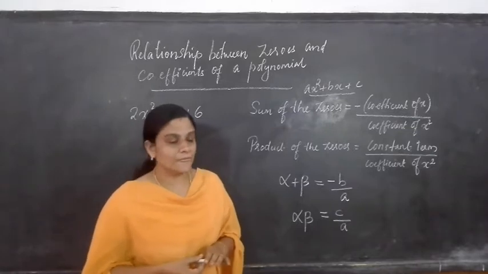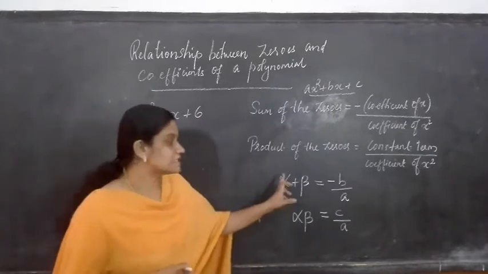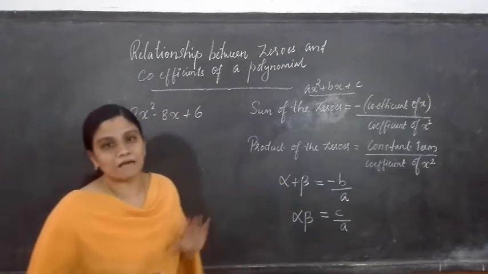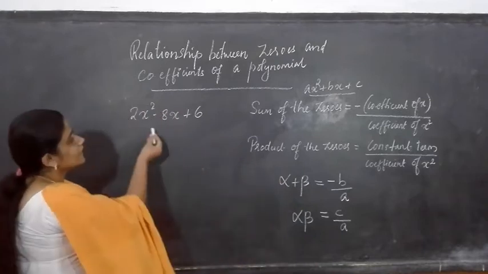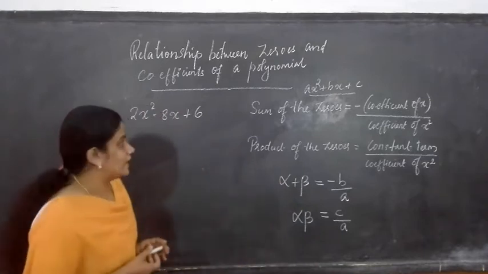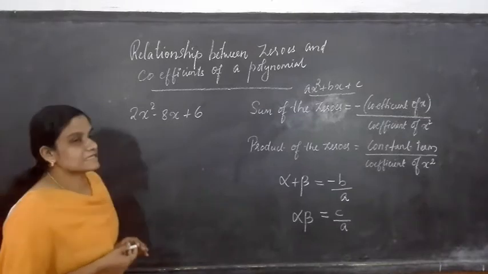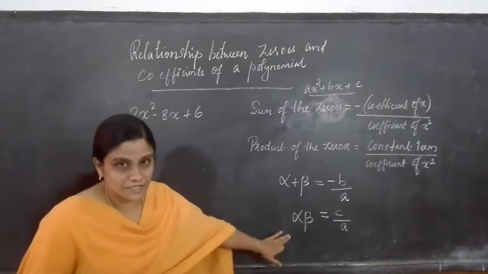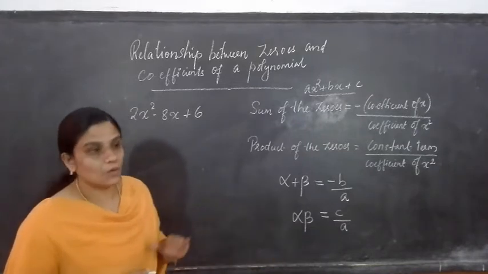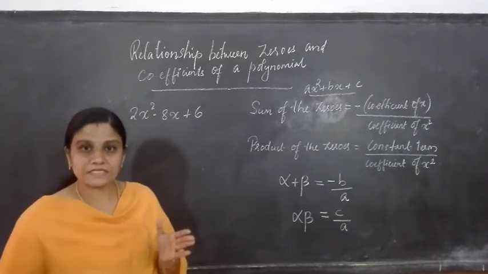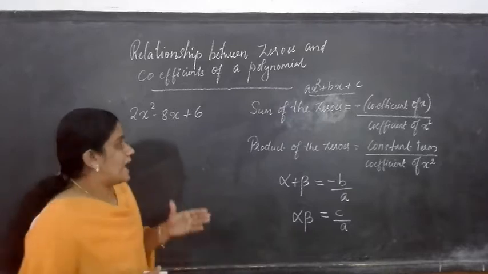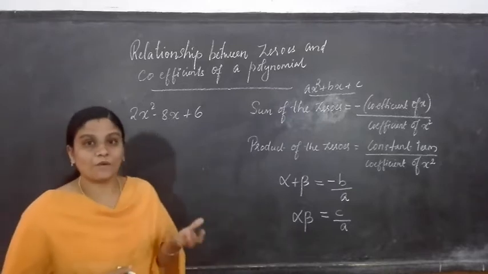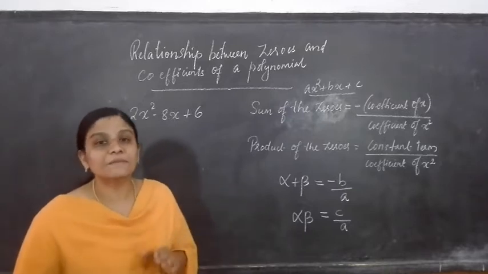Now let us verify this with an example. A quadratic polynomial is given to us: 2x square minus 8x plus 6. If you want to verify this relationship, first of all we have to know alpha and beta, which means the zeros of the polynomial. And the zeros we can obtain by the splitting the middle term method.